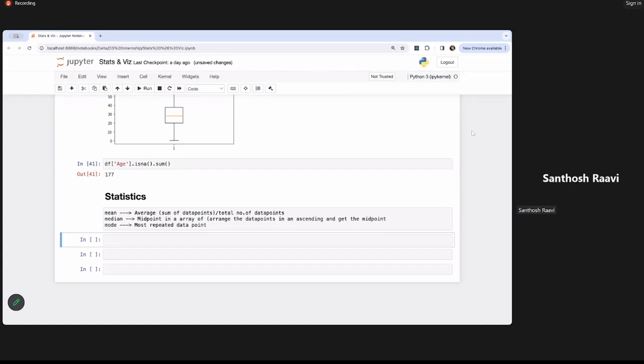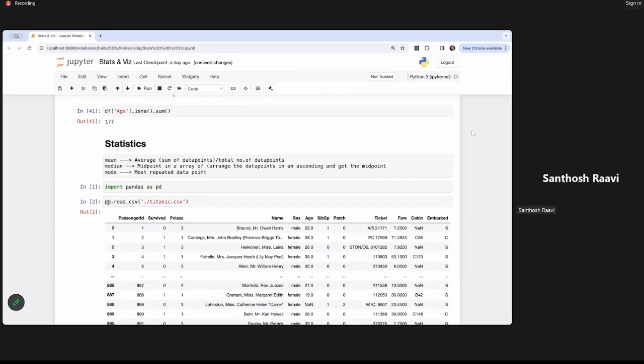So let's load the statistics Titanic data set. Store it in a variable.